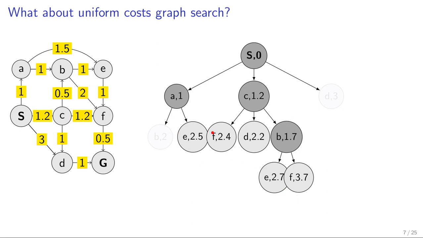You see EE, FF, which is not good, and these were actually more expensive, 2.7, 3.7. We don't need those anymore. So this didn't help us, but we couldn't know. And here we go from D, because now 2.2 was the smallest on the frontier, and we get to the goal.